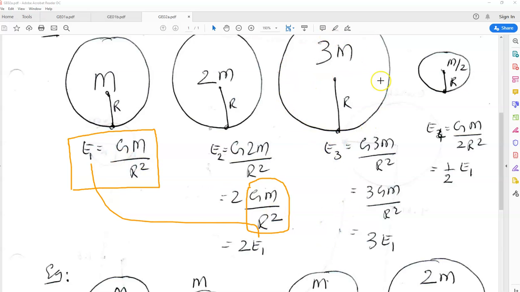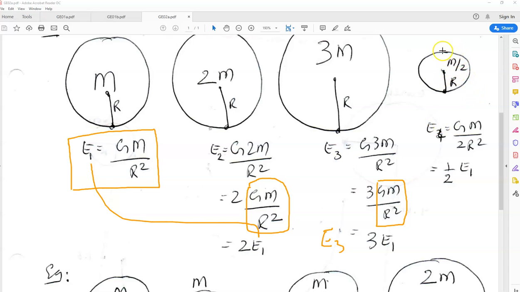One more example, I have a mass of 3M at radius r. Now apply the standard equation. The gravitational field is equal to G times the mass 3M by r squared, or I can also write 3 GM by r squared, but this GM by r squared is nothing but the field strength for mass M. So I can write E3, the gravitational field for this mass 3M, is equal to 3 times the gravitational field E1.